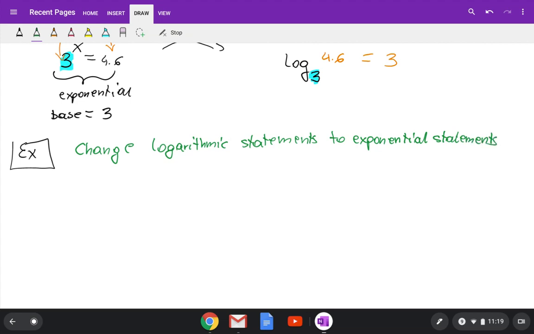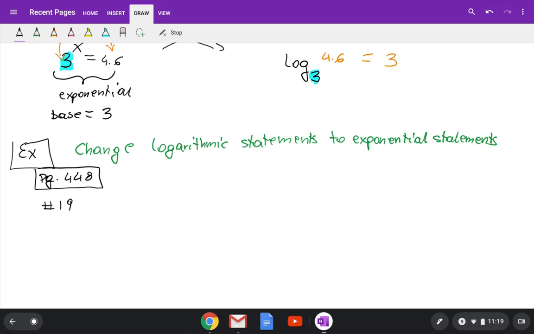Okay, and I'm going to use a couple of problems from your textbook. All of them are on page 448. And the first one, which I'm going to solve, is number 19.